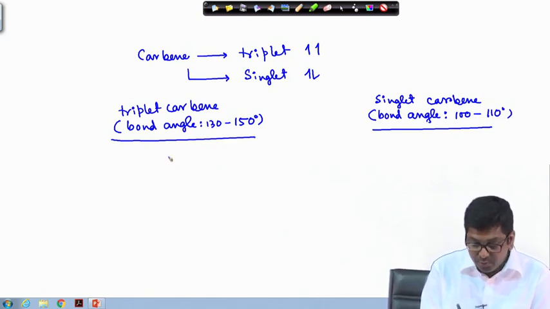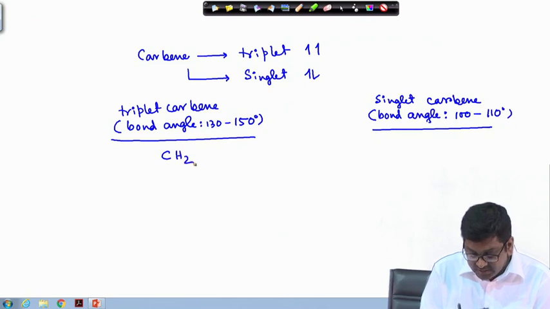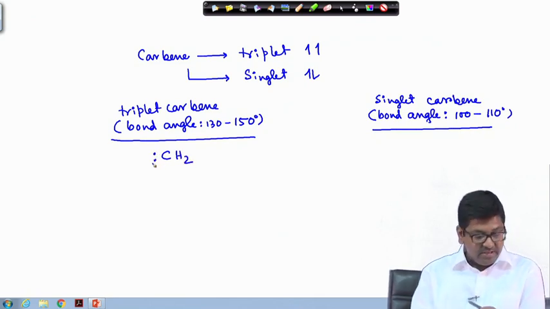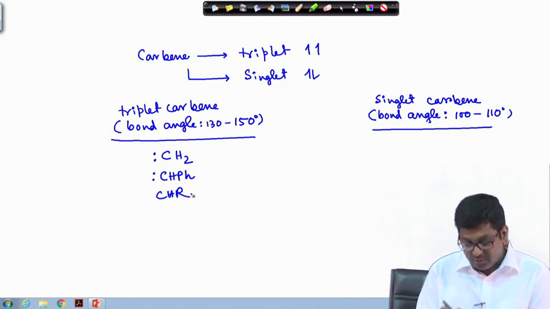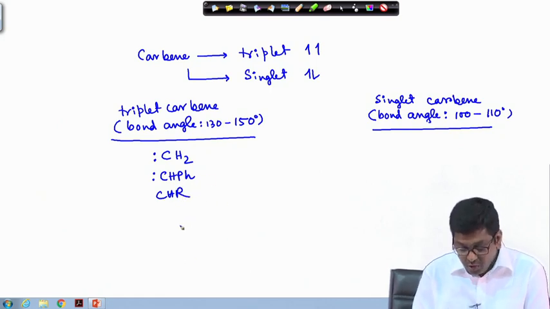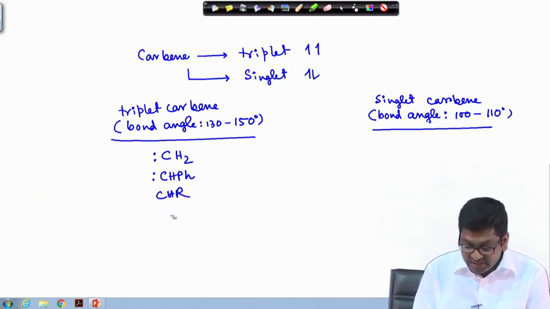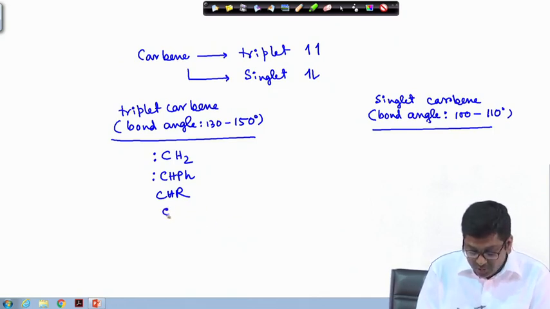However, here now we will see the examples. In general the triplet carbenes are like this: CH2 carbenes, then CHPh or CHR where R is an alkyl group, or diphenyl carbenes.